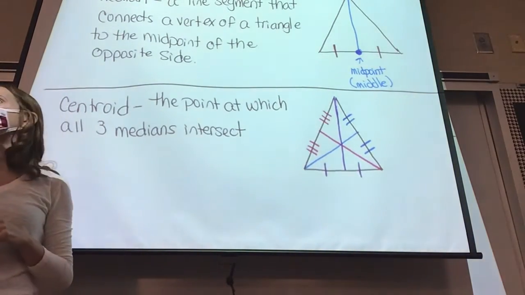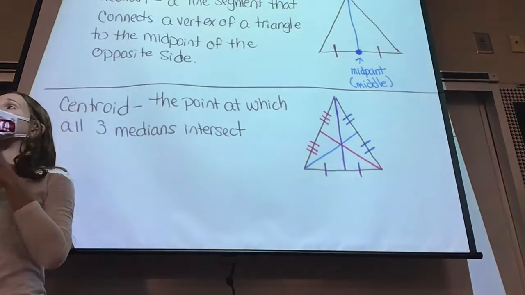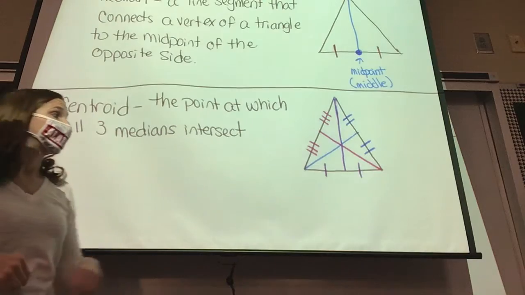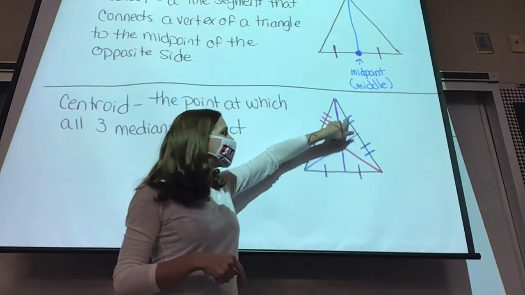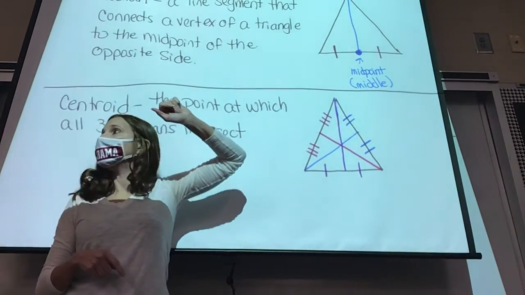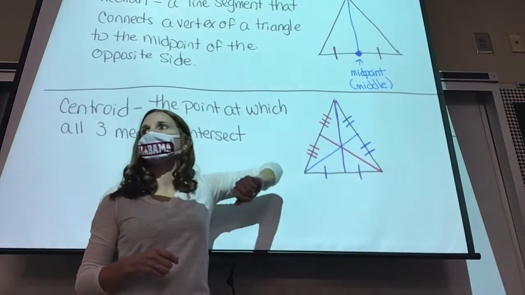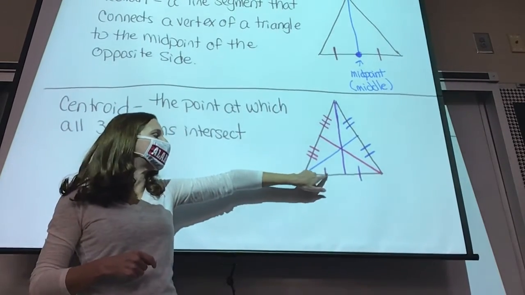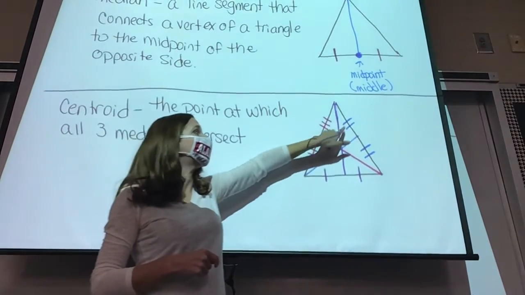Make sure you understand, all the sides are not equal. These two pieces are equal, these two pieces are equal, and these two pieces are equal. At no point did I ever say that every side is equal. So this piece is not equal to this piece. This piece is not equal to this piece.